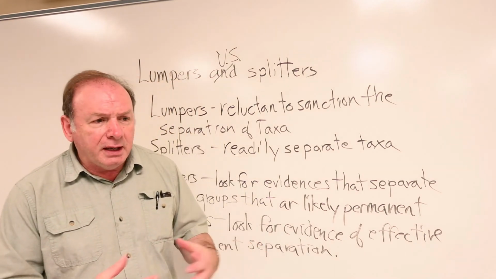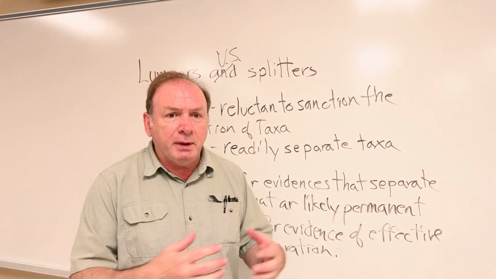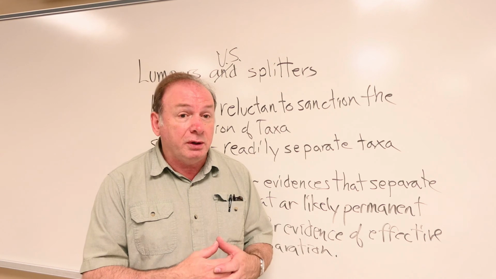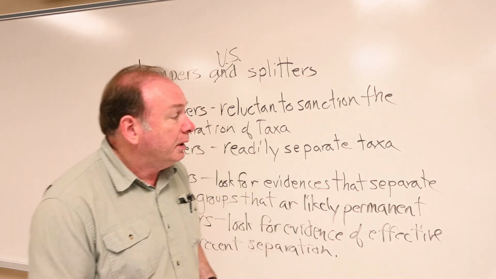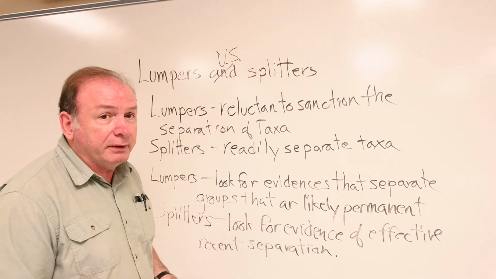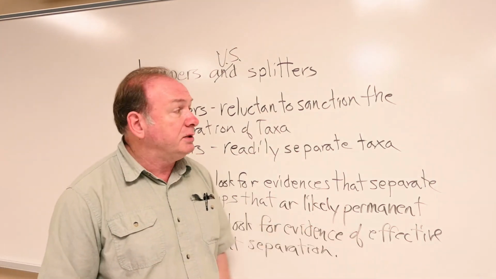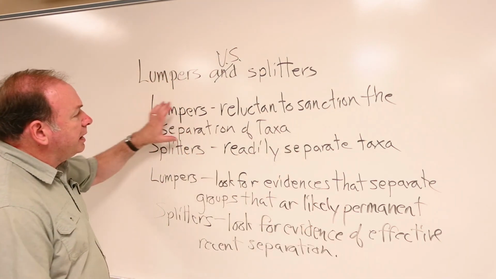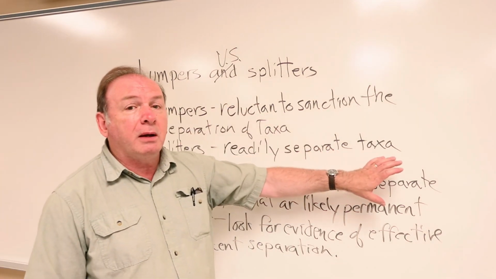After they discovered that, they put them together into the same taxon. It's now called the yellow-rumped warbler throughout its distribution, even though we kind of know that there are two different varieties, a western variety and an eastern variety. So they were lumped together, so the bird people that were working on that were more lumpers.